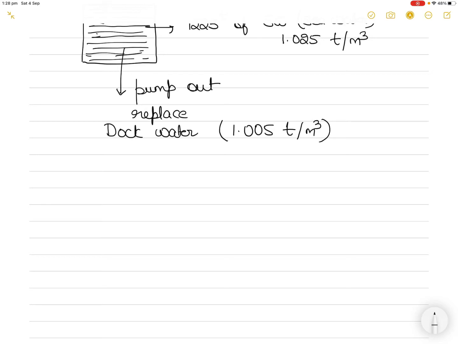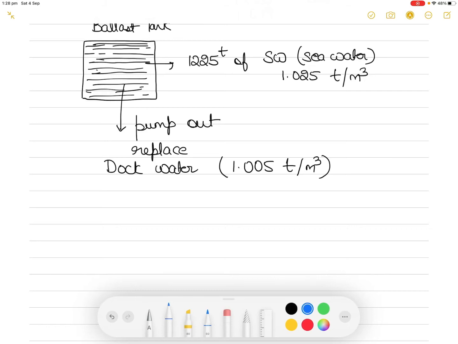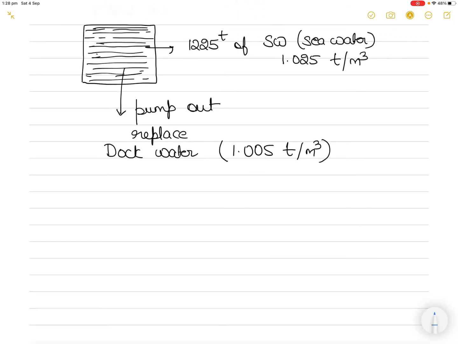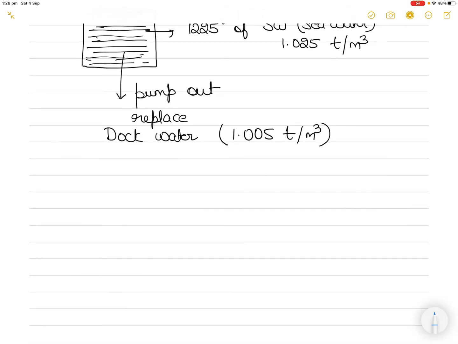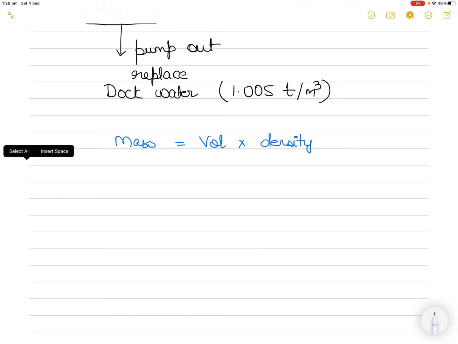So let's see this from an example point of view. When there was 1225 tons of salt water, mass of salt water equals volume multiplied by density. You all know this. Or we can say volume equals mass by density.